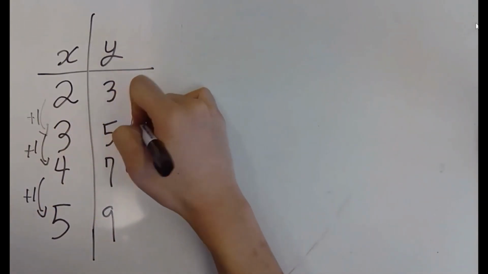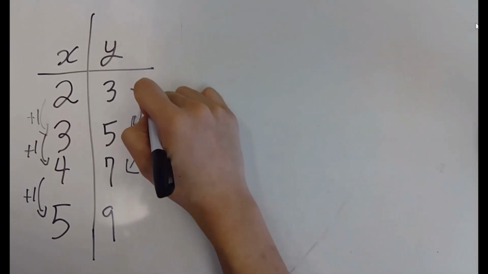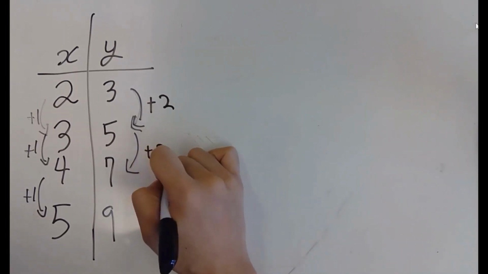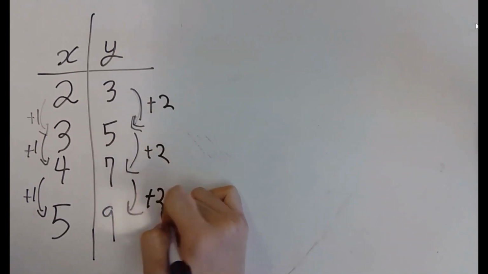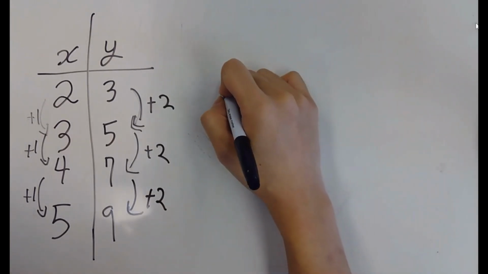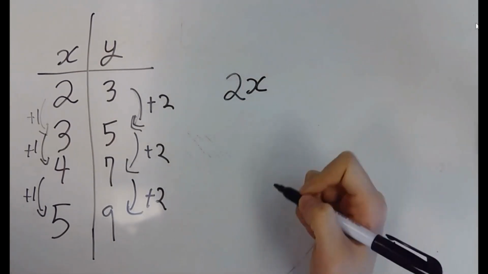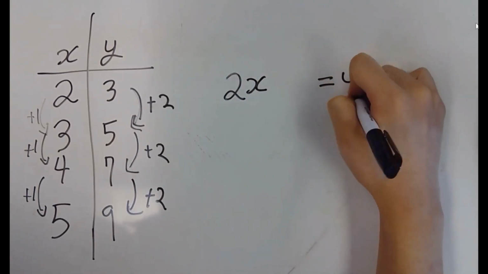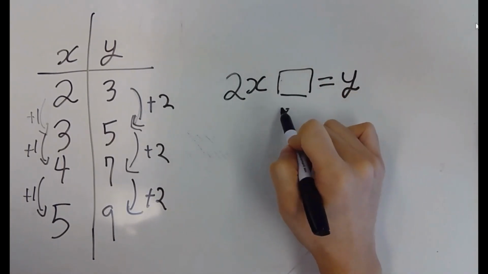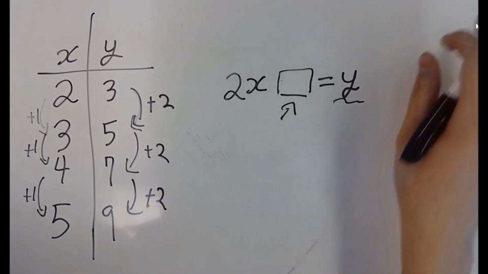And we can see that the y values are increasing by 2. So 3 plus 2 is 5, 5 plus 2 is 7, 7 plus 2 is 9. Then we know that we are going to have to multiply 2 times x, and then there's going to be a second part that we have to figure out, and then it should arrive at y.